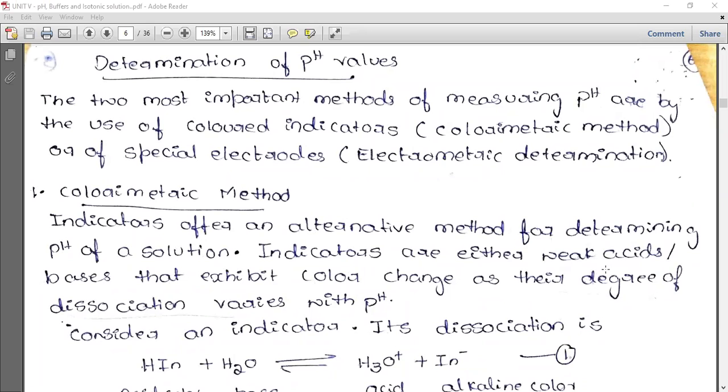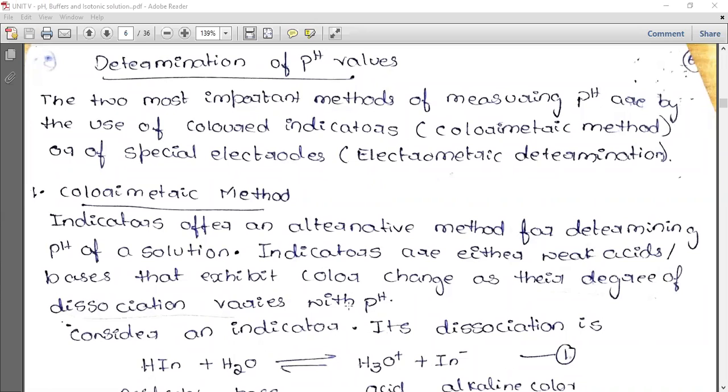They exhibit color change based on their degree of dissociation, which depends on the pH at that particular moment. So based on the pH change, they show the change in color.